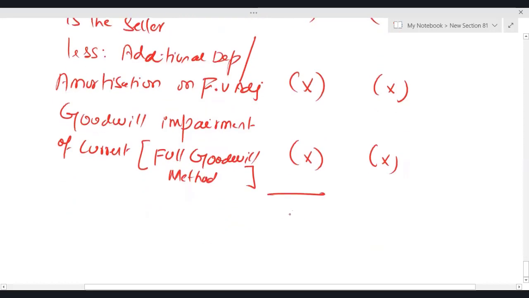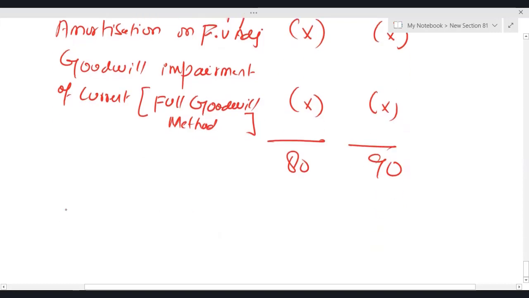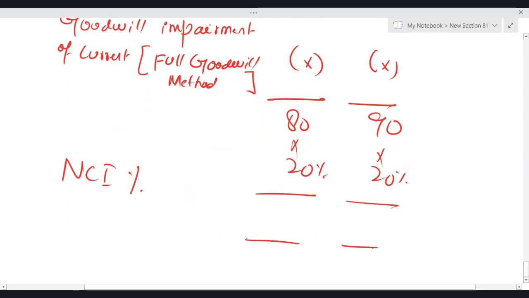I'm assuming that we are having 80 and this is 90. Just an assumption, okay? Now simply multiply with the NCI holding. Let's say NCI holding is 20%. So you will get profit slash total comprehensive income attributable to the NCI.